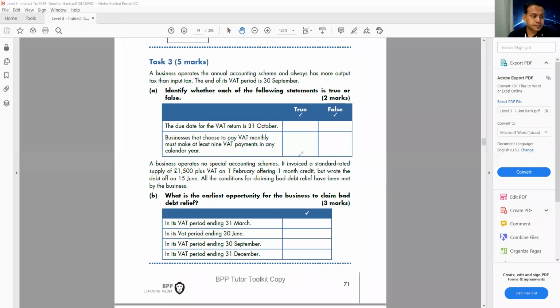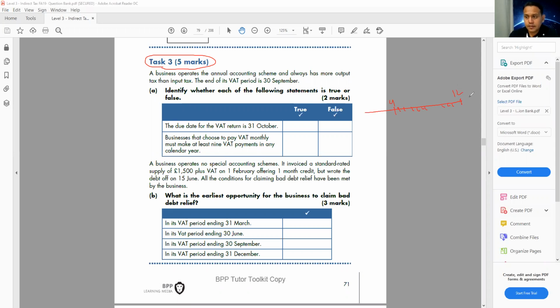Task 3. On task 3, we have a 5 mark question. Let's have a look at that. A business operates the annual accounting scheme. Remember the annual accounting scheme? From month number 4, we have 9 payments up to month number 12.